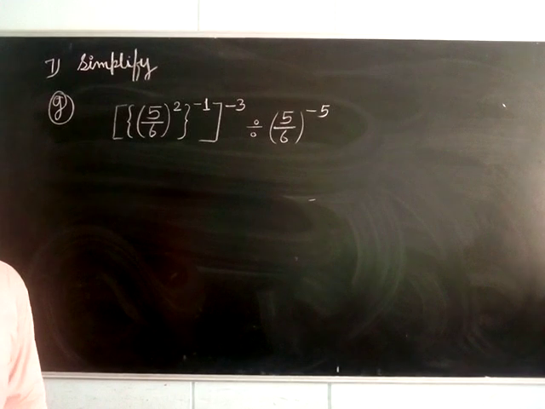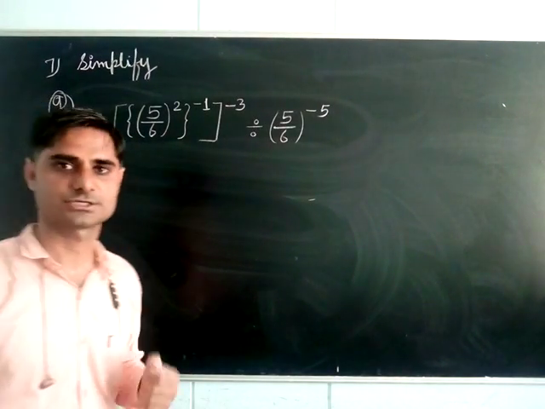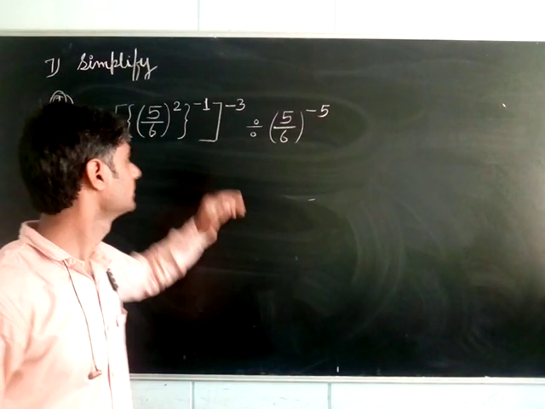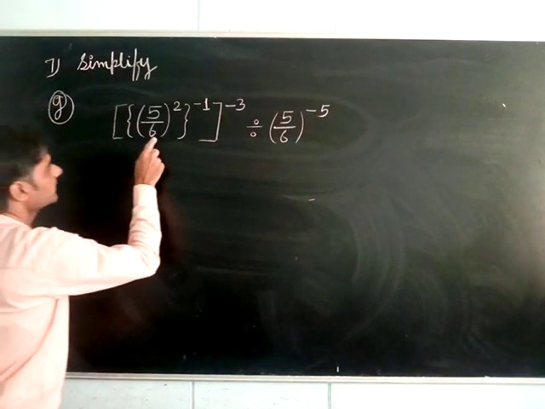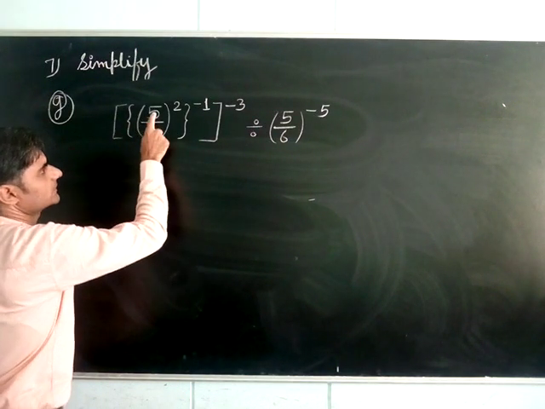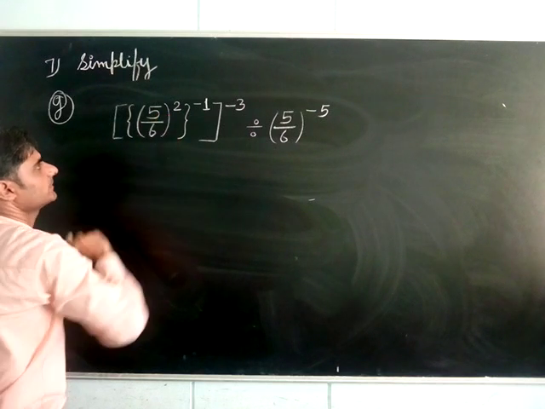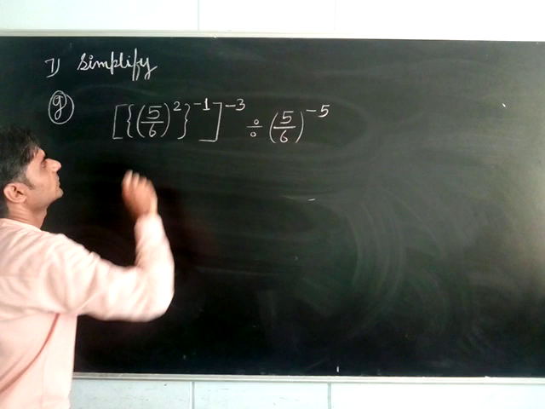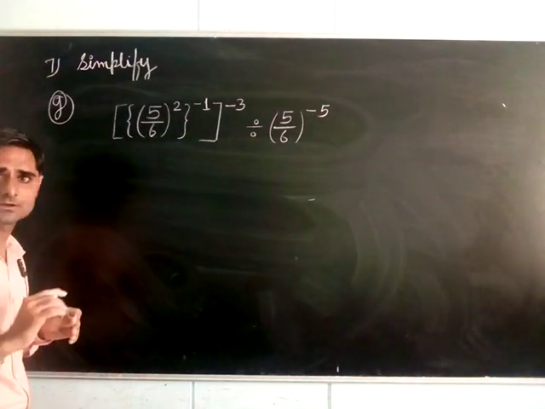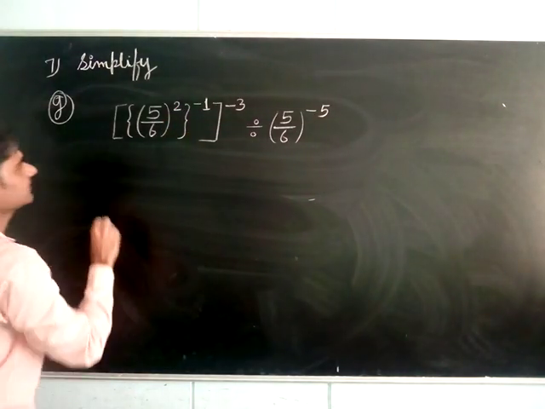This last question I will do of this question number 7. How to solve this one? One by one you may solve. This is 5/6 now. If it is 5/6, power 2 will be there, right? First of all, power on power. Do you multiply all the powers? Yes, you can multiply.